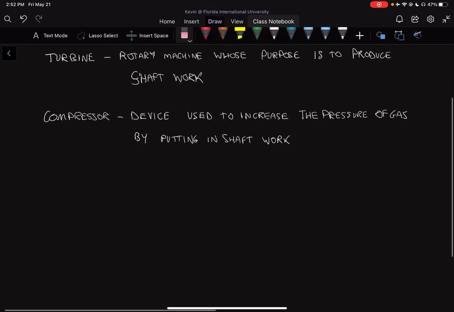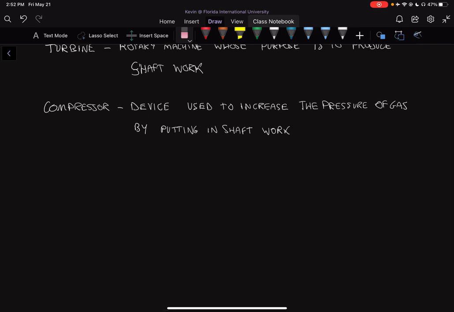We usually draw a symbol for a turbine, something like this. We're going to be looking at turbines and compressors a lot more throughout the semester, especially in the following modules. A turbine would look something like this. We have a turbine with a shaft, and we have some sort of inlet, which is an inlet of gas or liquid coming in.